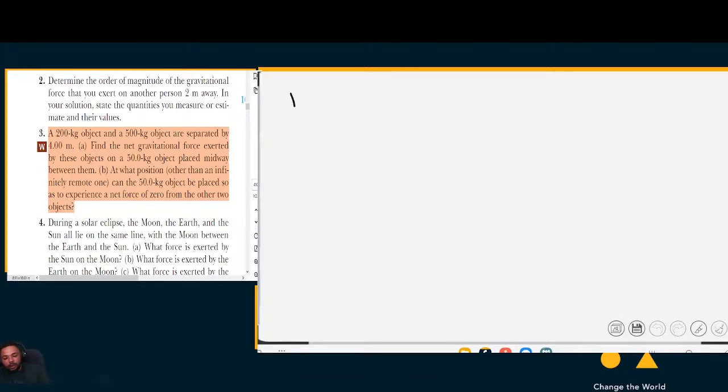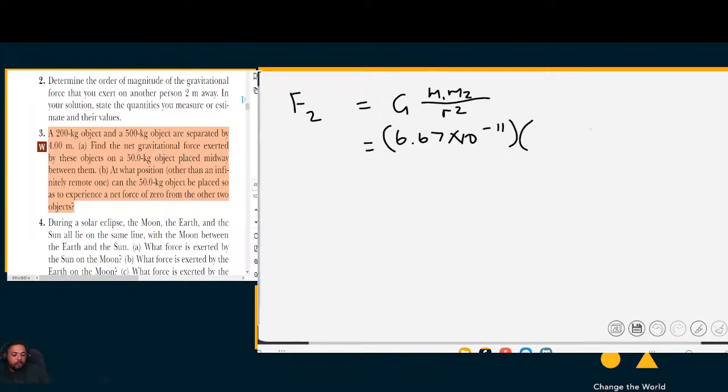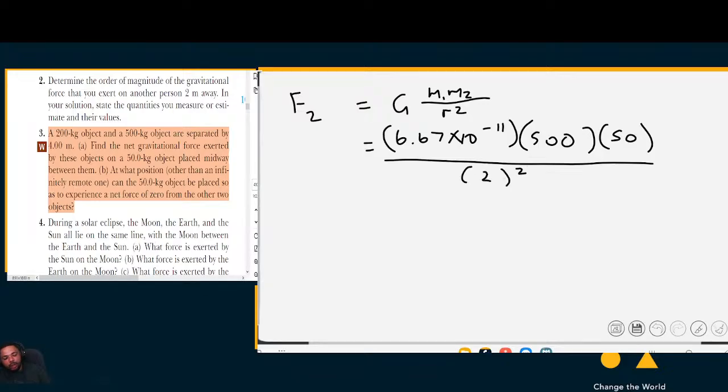And then for the second one, force 2 between the 50 kilogram mass and the 500 kilogram mass, it's 6.67 times 10 to the negative 11, multiplied by 500 and by 50, divided by the distance between them, which is also 2, and don't forget to square.